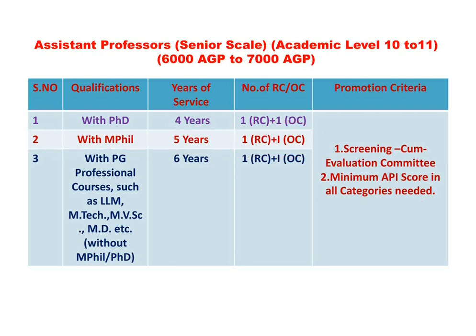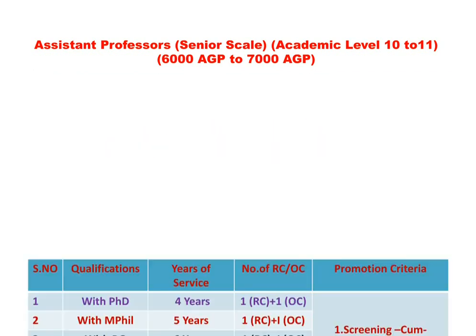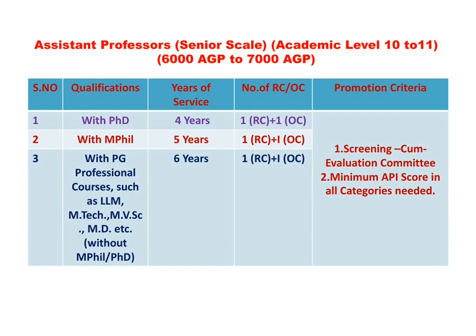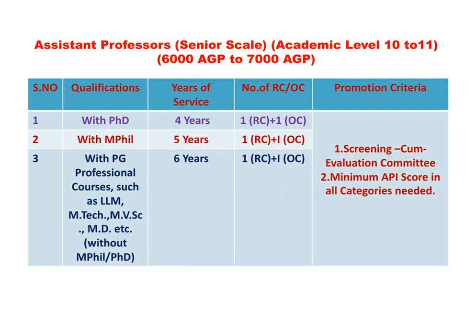And if you don't have MPhil or PhD, you have to wait more than 6 years of service, and you have to complete one RC and one OC. The promotion criteria is a screening cum evaluation committee, and in each and every category you have to fulfill the minimum API score also.